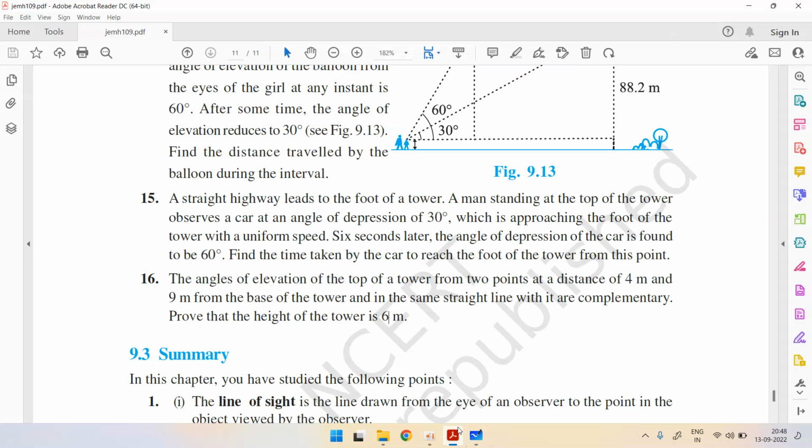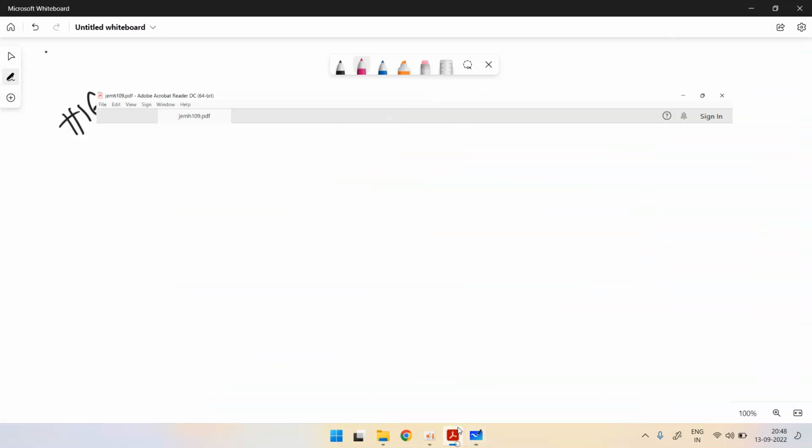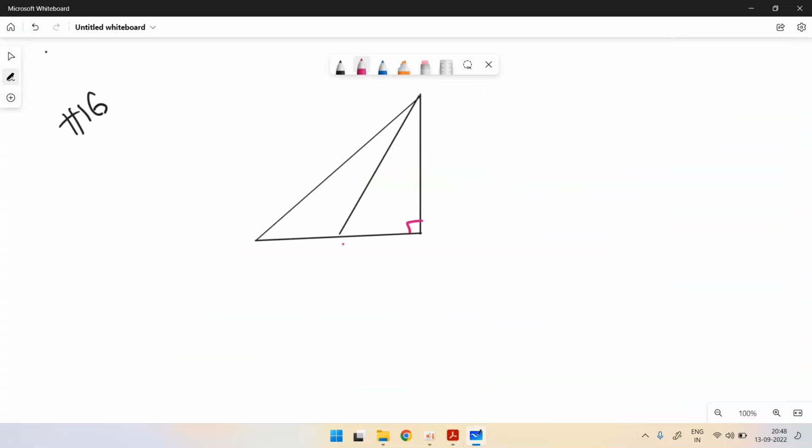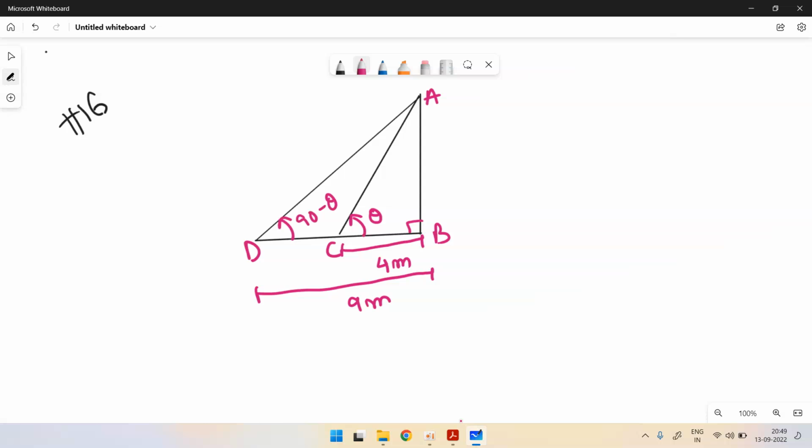This is the tower. From the top, two points at a distance of 4 meters and 9 meters. So this is my 4 meters, and this is my 9 meters, already given. This is A, this is B, C, this is D, and since I am taking this angle to be theta, this will mean 90 minus theta. Why? Because these are complementary angles.